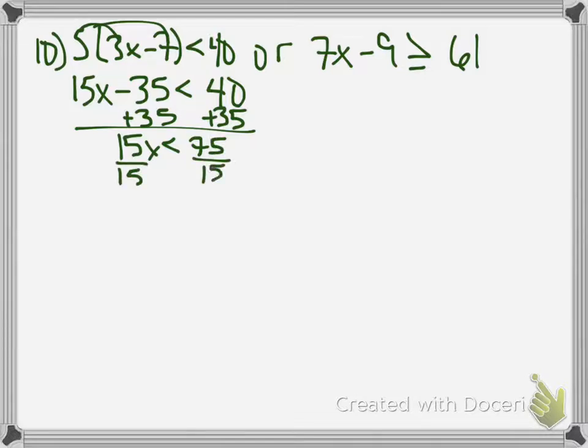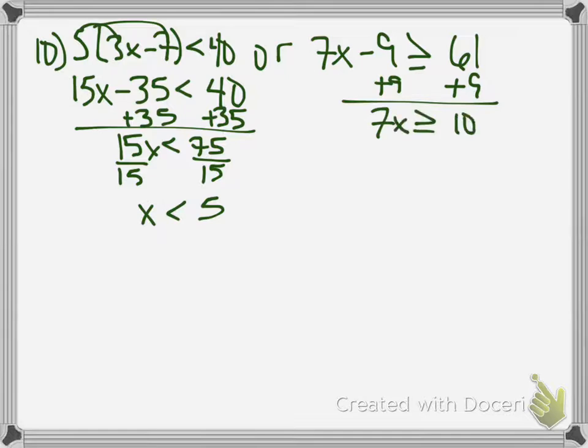So you should know how to solve these. X is less than 5. Okay. And then over here I'm going to add 9 to get 7x greater than or equal to 70. I'm already giving you the final answer. X is greater than or equal to 10. Okay, this is an OR.